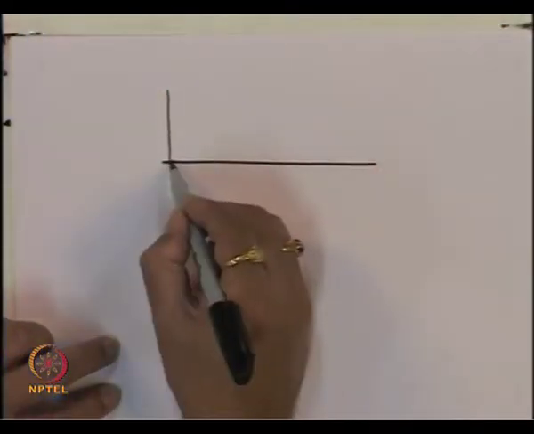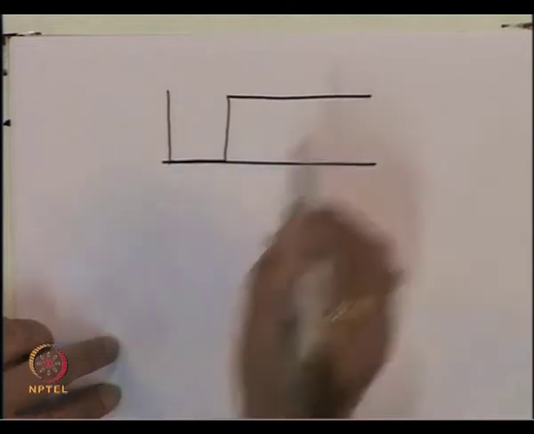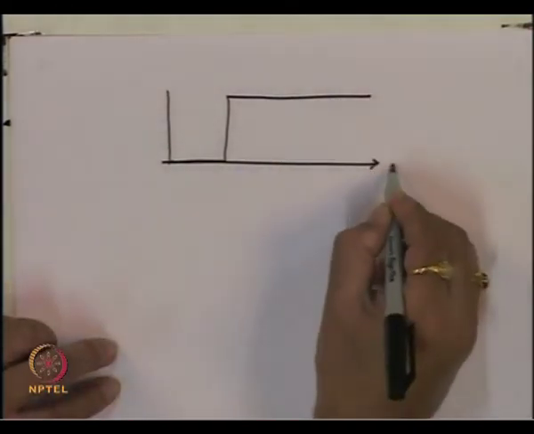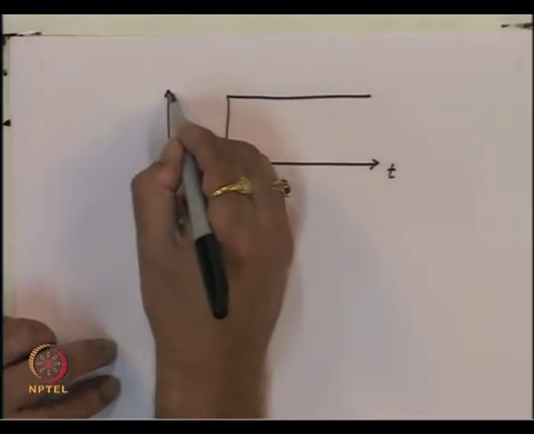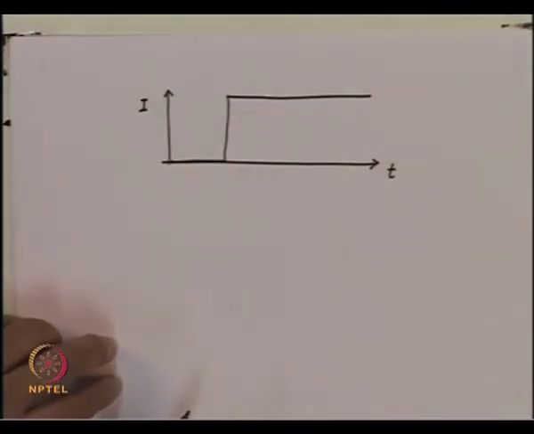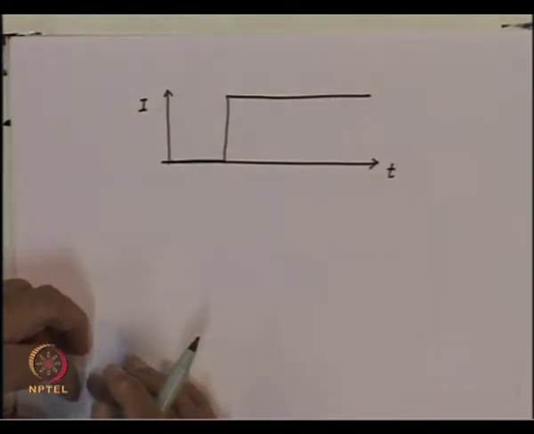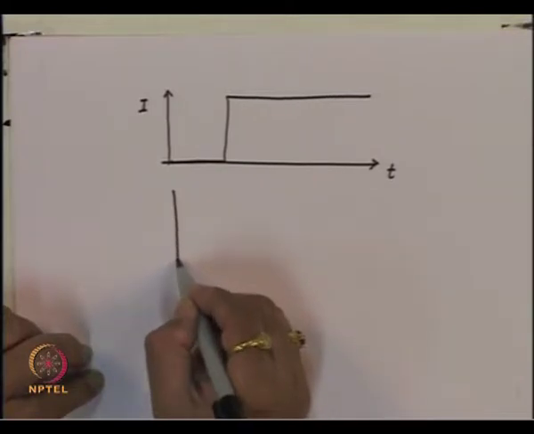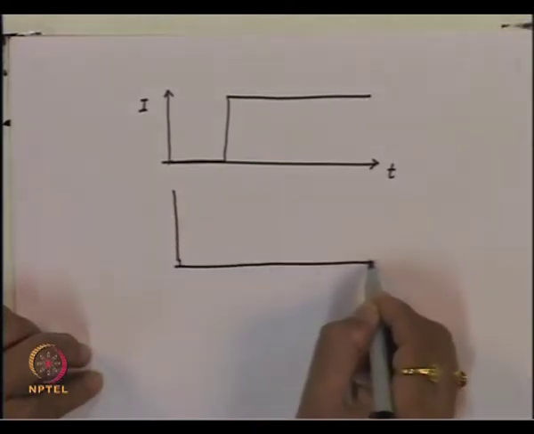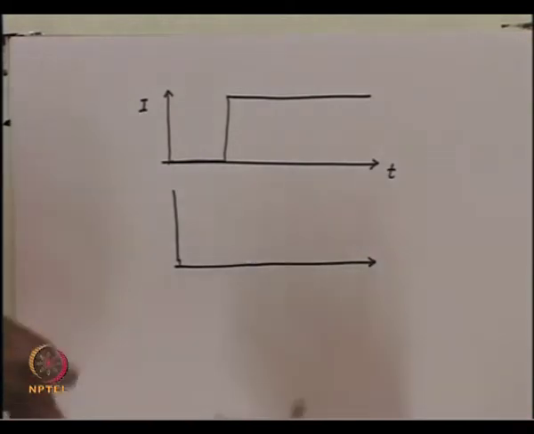Another aspect of the laser diode is what is called the relaxation oscillation. What that means is that suppose we give a switching pulse, which is something like that. Let us say this is a function of time, and this is the current which is supplied to the laser. As soon as this current is supplied, the population inversion will build, and because of this you will see suddenly the gain in the system will be very large.